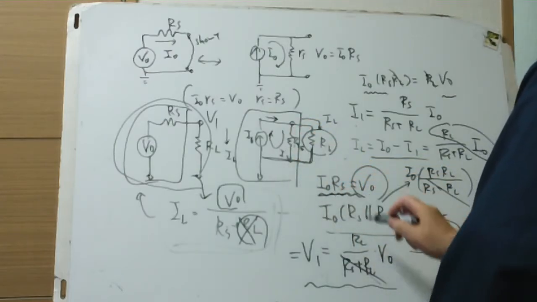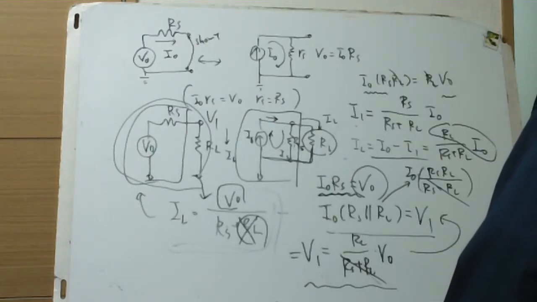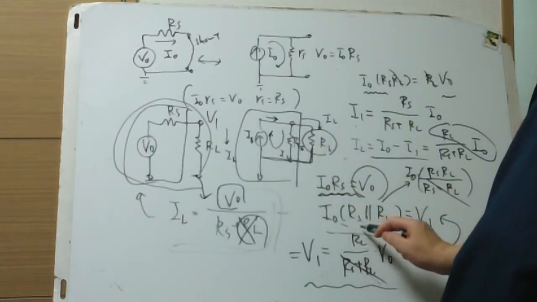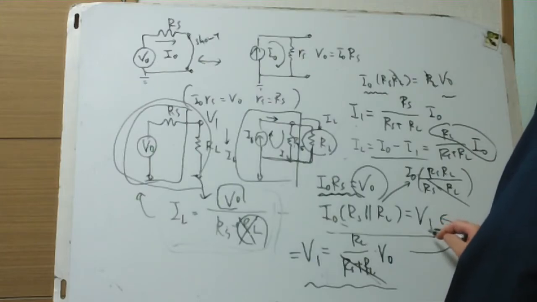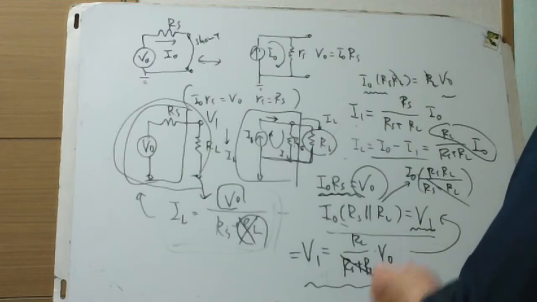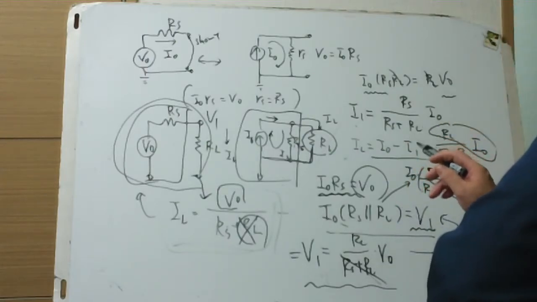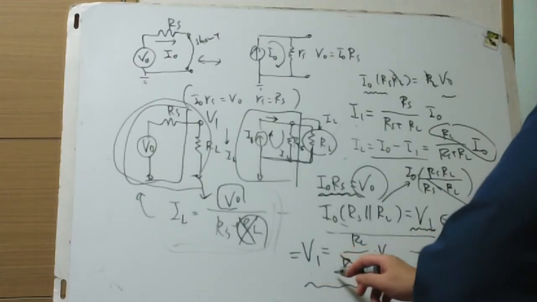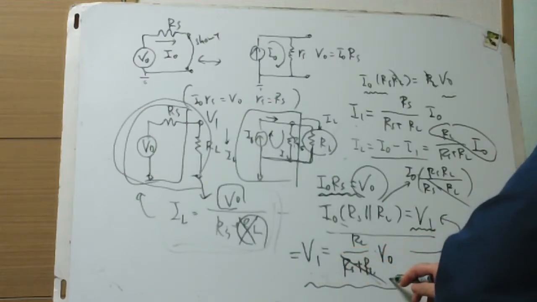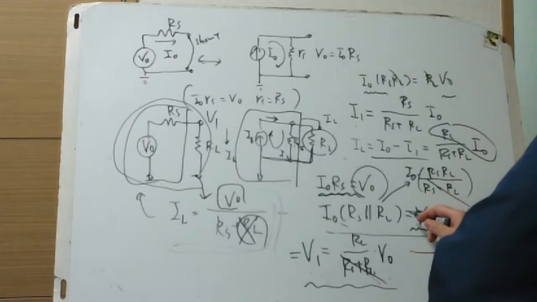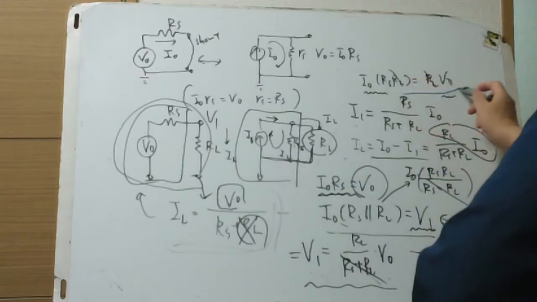If V equals IORS, IO in parallel this equals V1. This is V1, because this is V1, and so this is this.